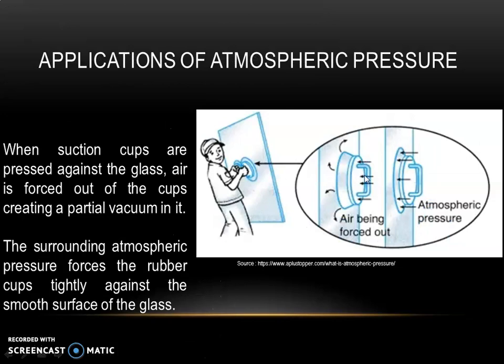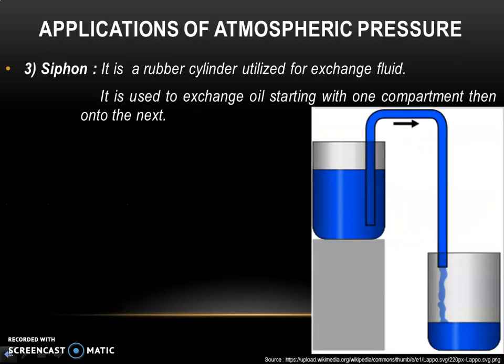When suction cups are pressed against the glass, air is forced out of the cups, creating a vacuum inside, and the surrounding atmospheric pressure forces the rubber cups tightly against the smooth surface of the glass. A siphon also works on a similar basis.